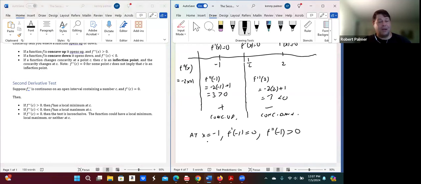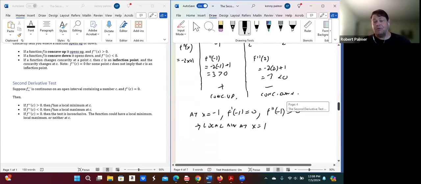Okay, so what that implies, let's look at our second derivative test. The first derivative is 0 at -1, it's a critical value. If the second derivative is positive there, then once again, that means you have a local minimum there. Local minimum at x equals -1.